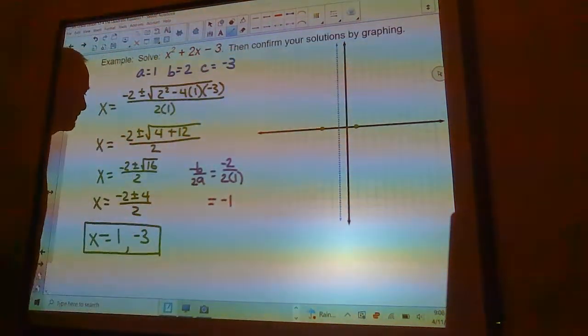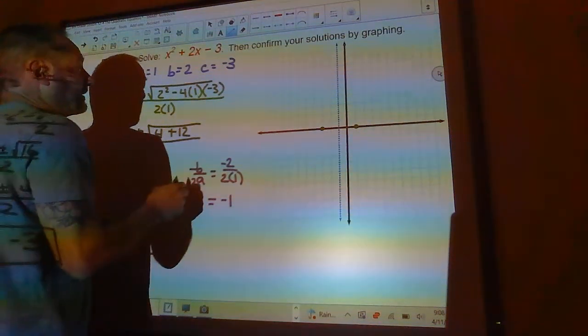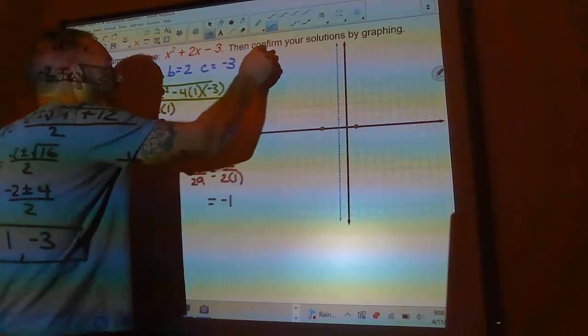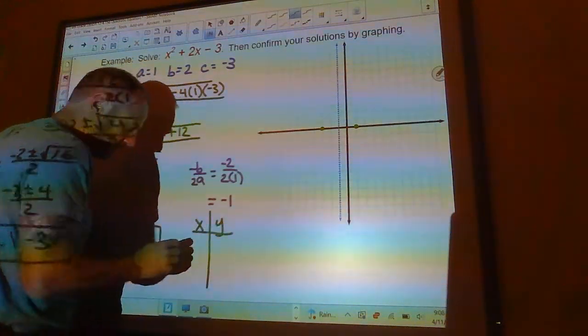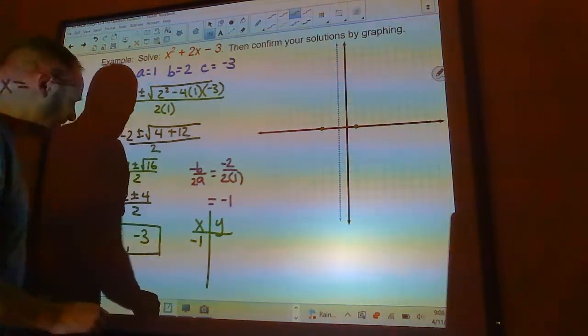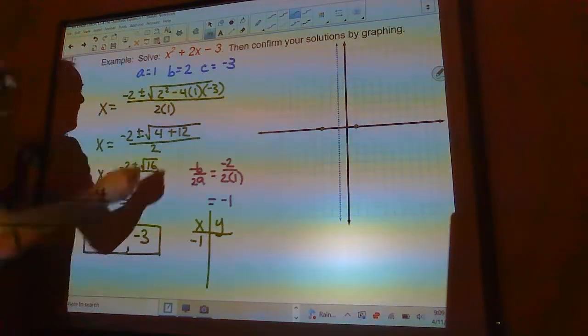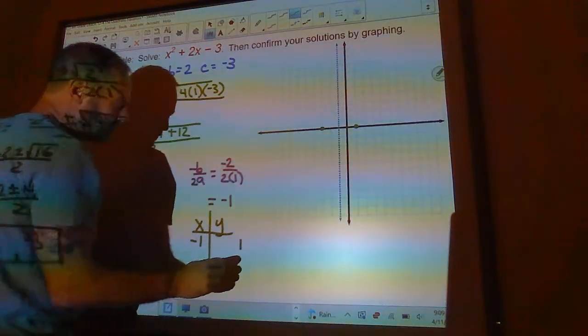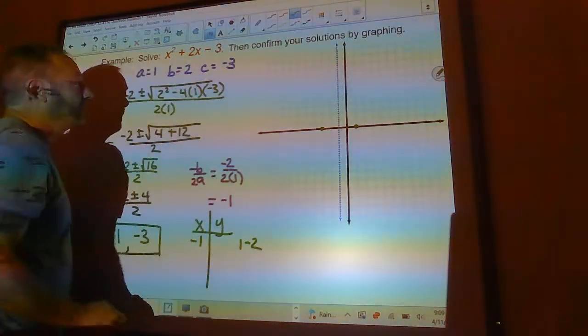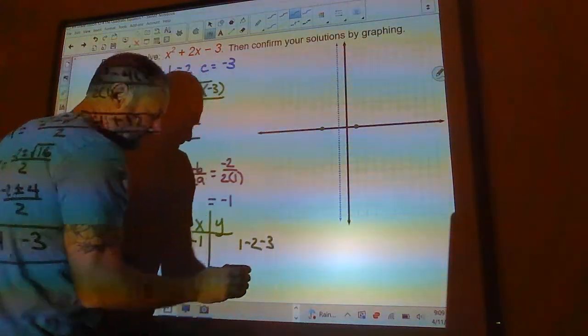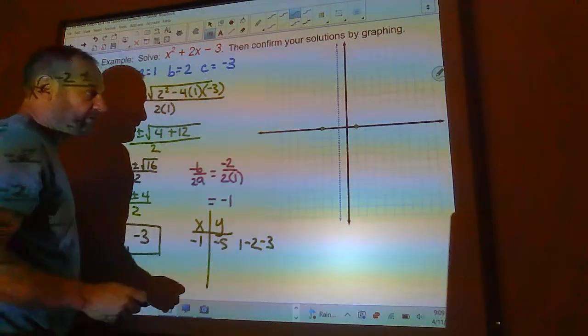Now, remember the vertex is on the axis of symmetry, and I find that by doing a table. I plug in negative 1 right here, and then I figure out what that is in here. That'd be negative 1 squared, which is 1, plus 2 times negative 1, which is negative 2, minus 3. So this is going to be negative 5.